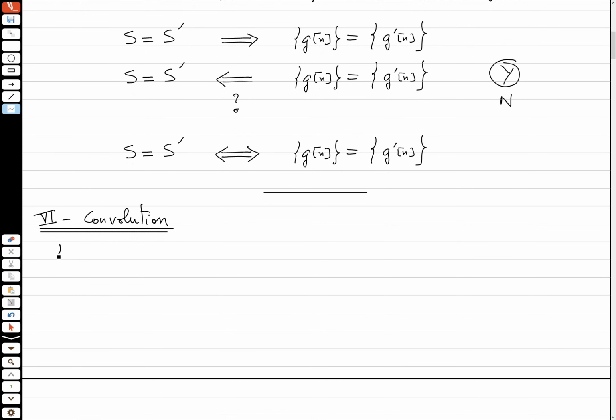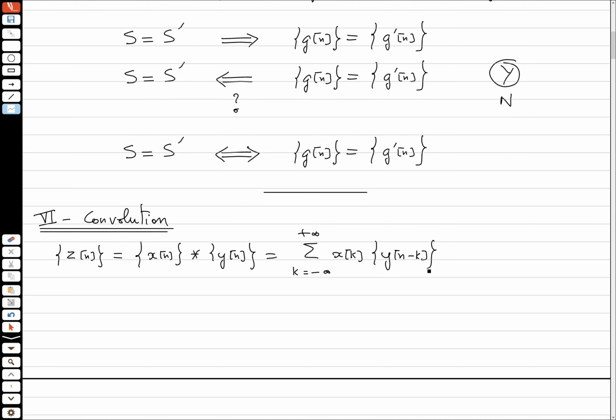So when you see z of n equals the convolution between two sequences x and y, you know that this is the sum of x of k, y shifted by k.